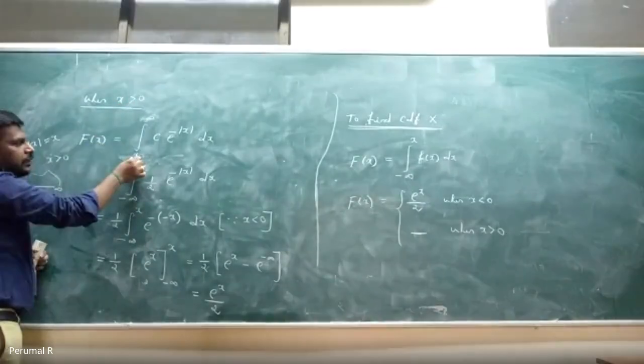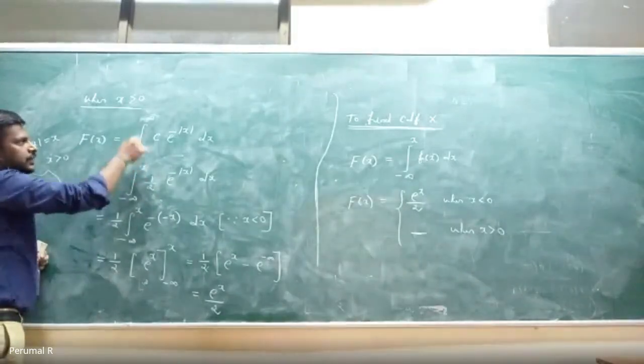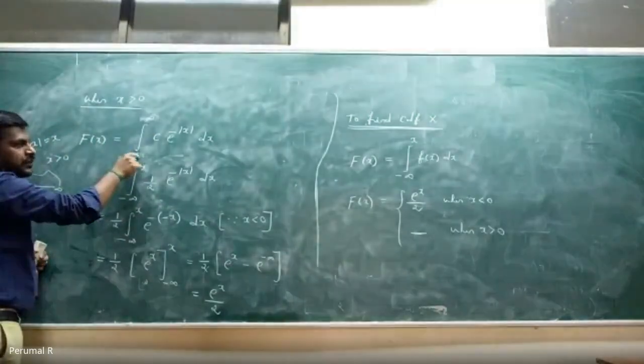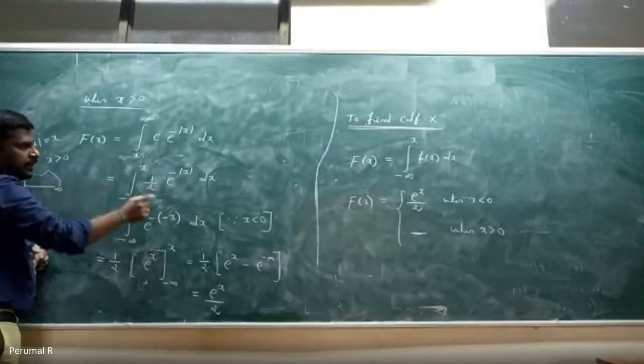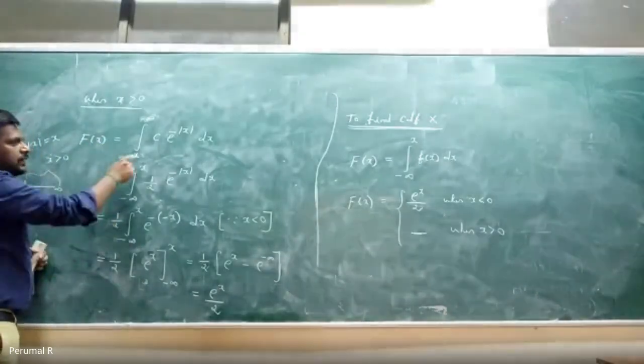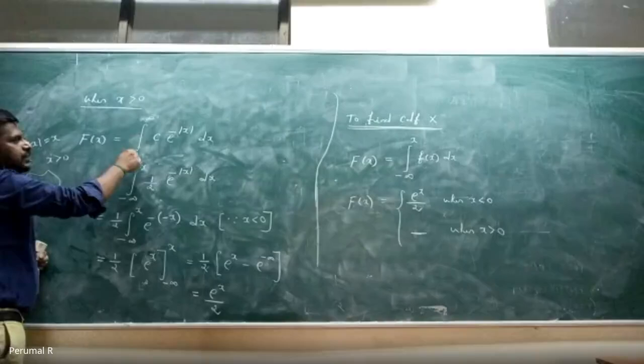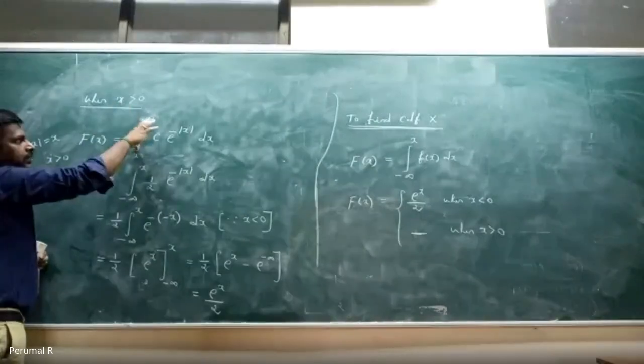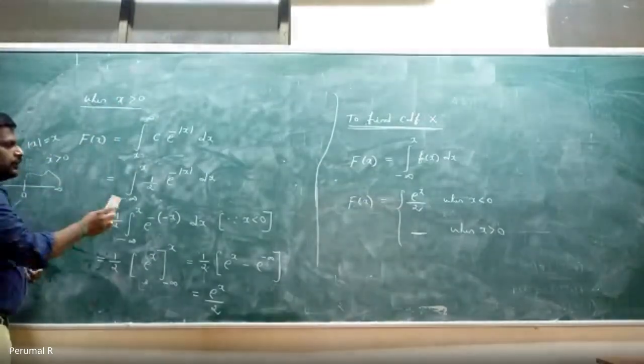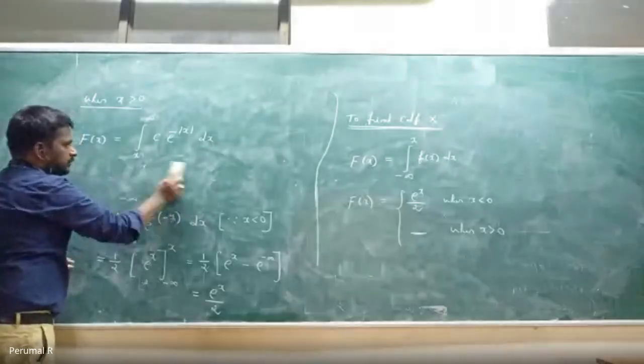Don't substitute your x value, because we need to get the function in terms of the variable x. So x greater than 0 means your x value becomes 0 here. So 0 to infinity, that is the interval of greater than 0. The remaining you have to do.